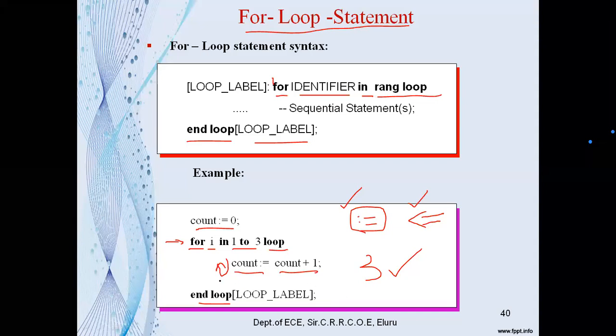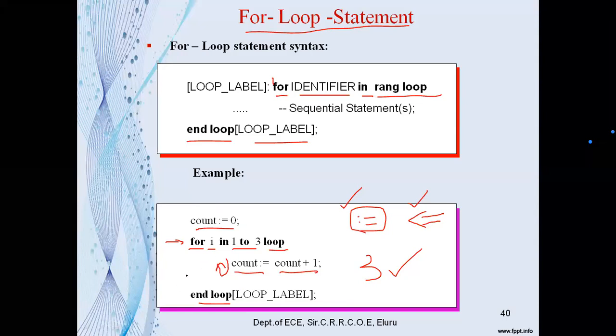Now another question: can I use signals inside of the for statement? You can guess the answer, yes or no. Actually, here I have used only the variable, right?